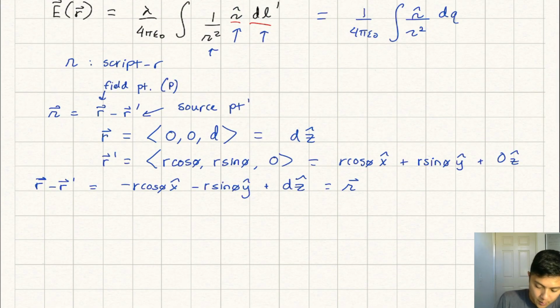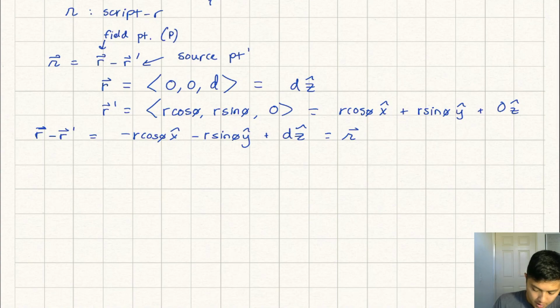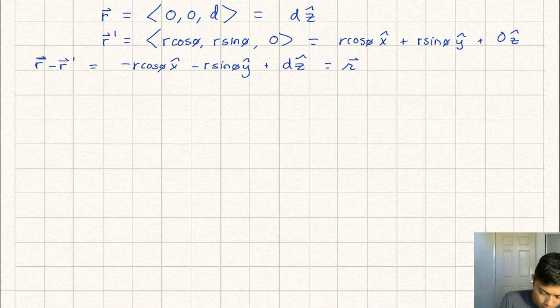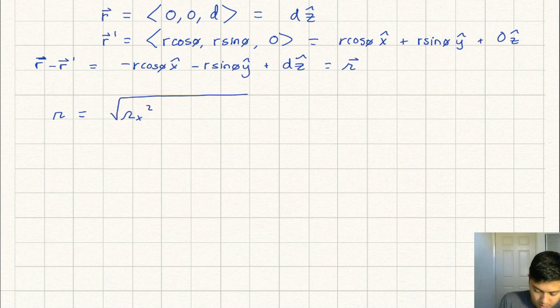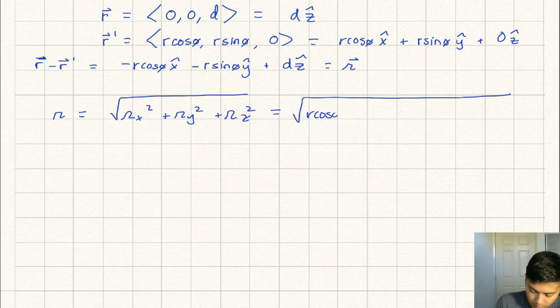Now what I'm going to do is find the magnitude, or the magnitude squared, of script R. The way we can do that, remember, is we take the square root of the sum of the squares of the components, which in this case is r cosine phi quantity squared, or actually it's a negative there, plus a negative r sine phi quantity squared, plus a d squared.